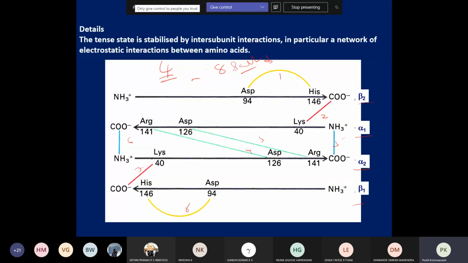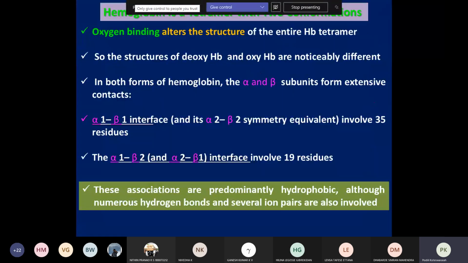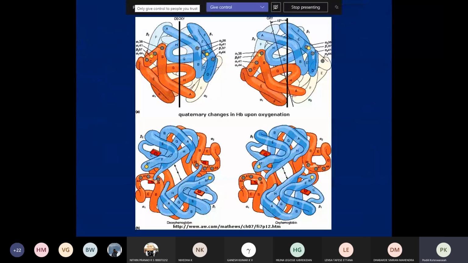Upon oxygen binding to one subunit, all these salt bridges are progressively disrupted. As a result, the hemoglobin can efficiently bind oxygen in a cooperative manner. This we will see later.